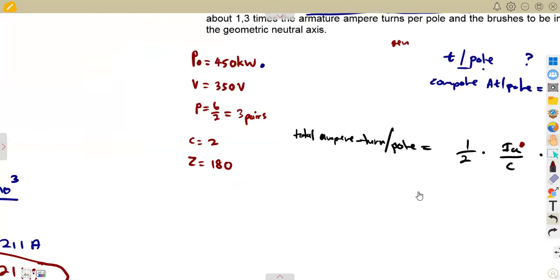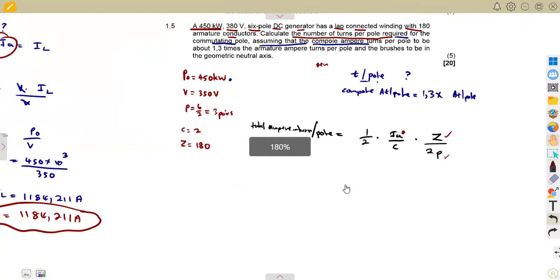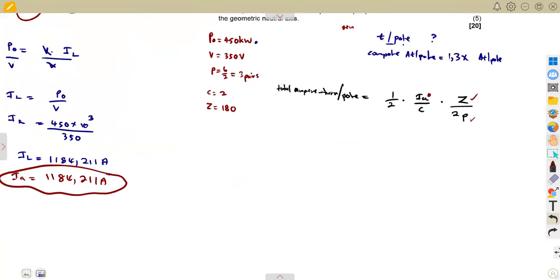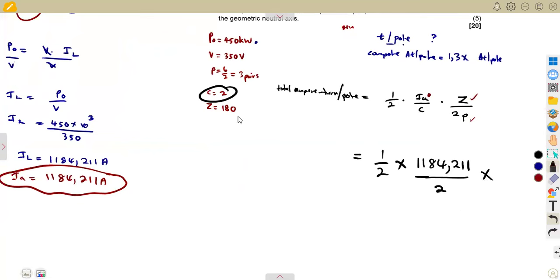So we have got this. So you can calculate the total ampere turn per pole. So the total ampere turn per pole is 1/2 times the armature current, 1,184.211, over C. Remember, it's a wave winding where we are given this as 2 times the Z, 180, the number of conductors, over 2 times the pair poles.